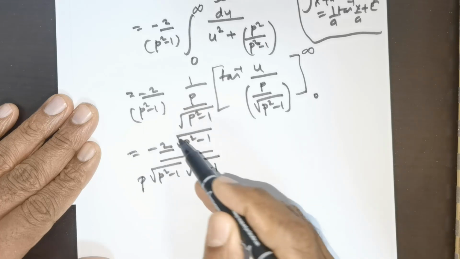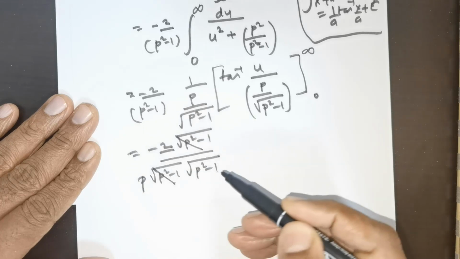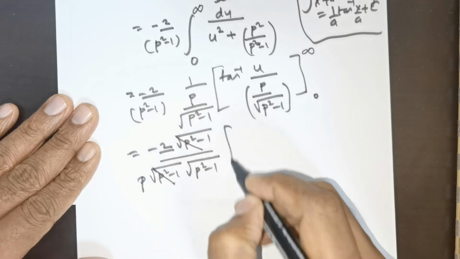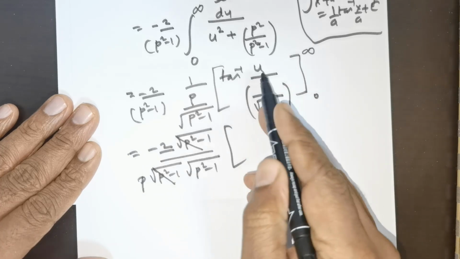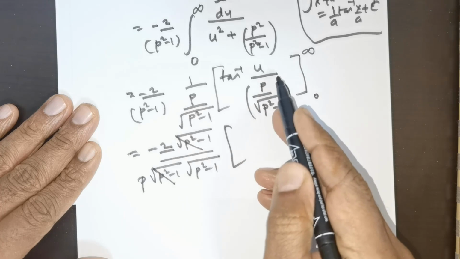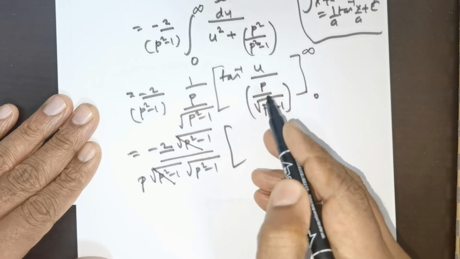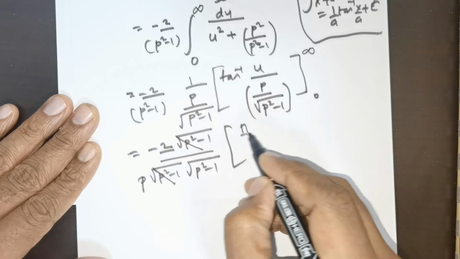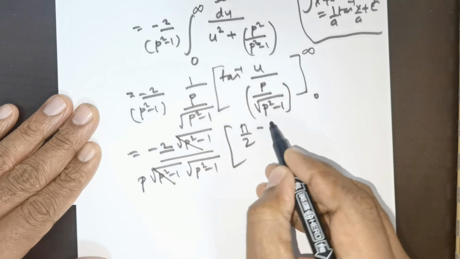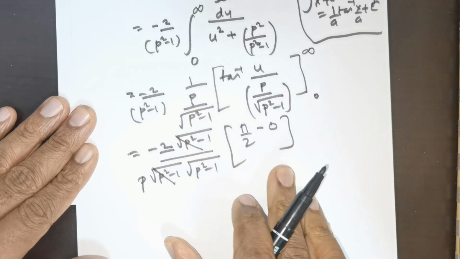So this and this can be cancelled, and you have this quantity tan inverse of u. Now tan inverse of infinity, this entire thing will become infinity, so it's going to be tan inverse of infinity, which is pi over 2. You substitute 0, everything will become 0. So this is what you're getting.